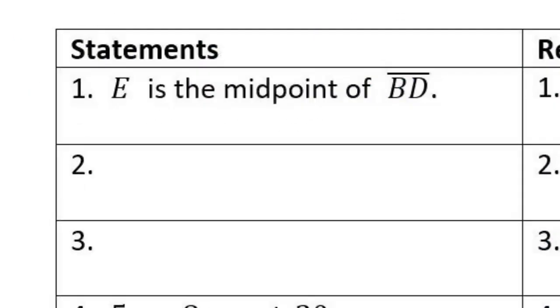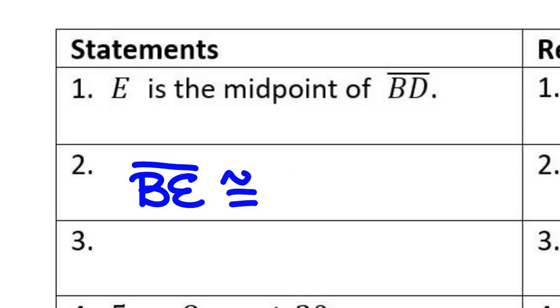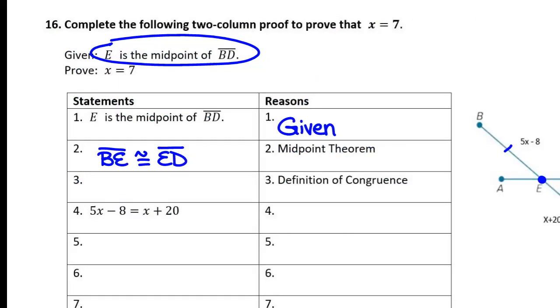So BE is congruent to ED. That is the midpoint theorem. If I have an equal sign in between them, then it's the definition of midpoint. If it's congruence in between them, then it's midpoint theorem.